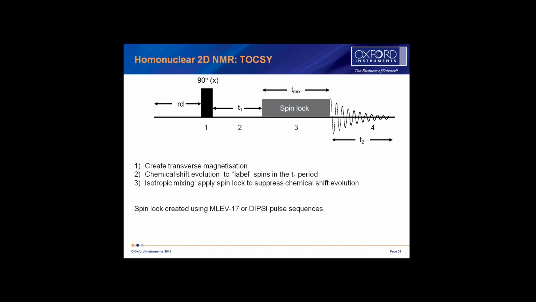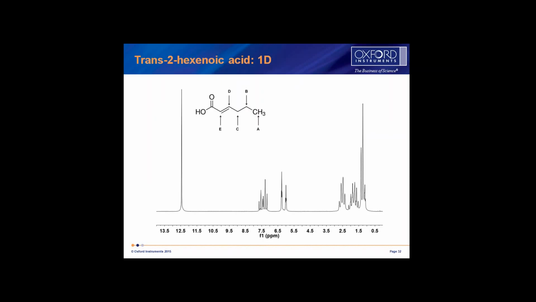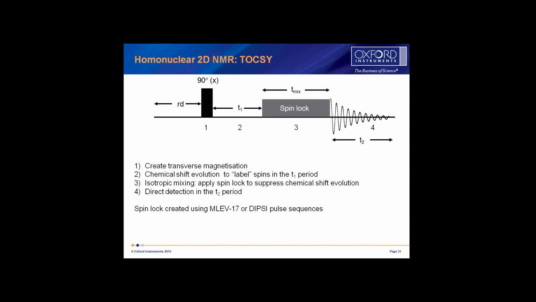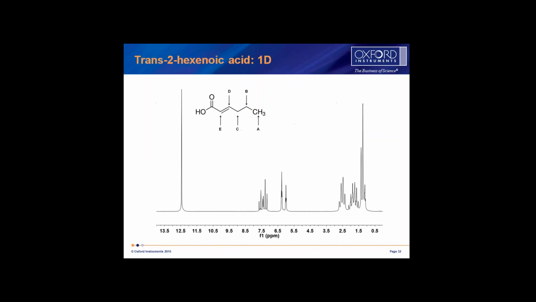The spin lock can be achieved by using composite pulses. The traditional sequences are MLEV17, which was actually used to collect this data, or DIPSY. Finally, we do have our direct detection period, and we rinse and repeat in order to build up the 2D experiment.